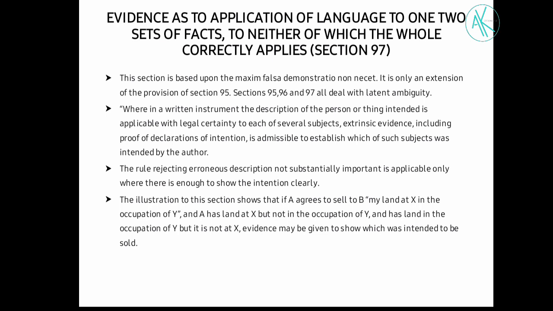The illustration to this section shows that if A agrees to sell to B my land at X in the occupation of Y, and A has land at X but not in occupation of Y, and has land in the occupation of Y but it is not at X, evidence may be given to show which was intended to be sold.